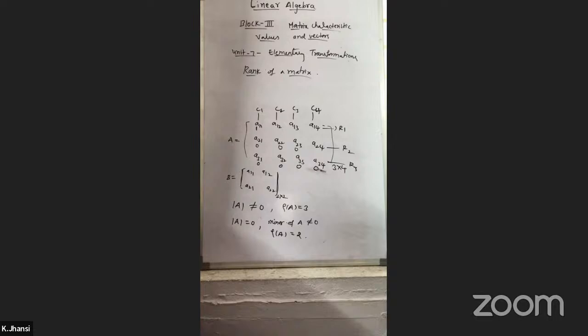The statement of this theorem is: elementary transformations do not alter the rank of the matrix. Whenever you do elementary transformations for finding the rank of the matrix, they will not change the rank. With the help of that, two cases will be there. First, interchange of a pair of rows does not change the rank of the matrix.